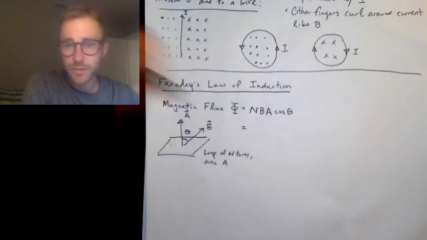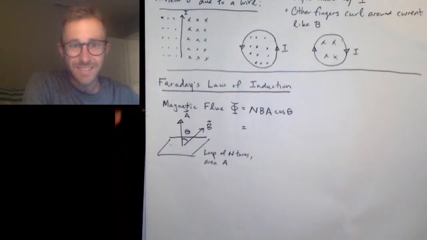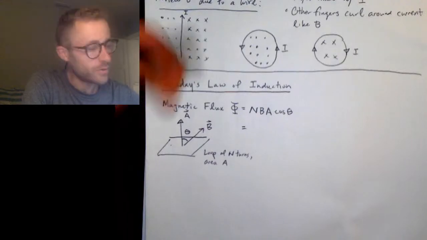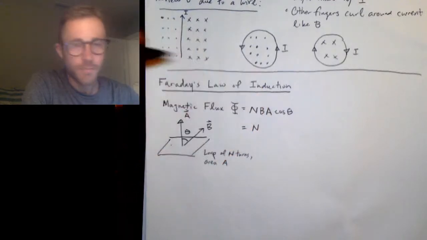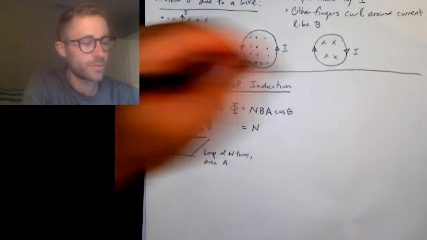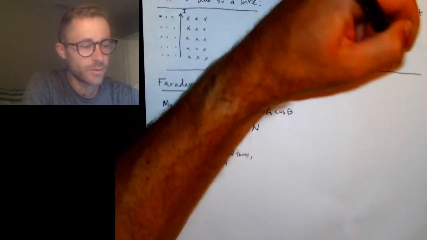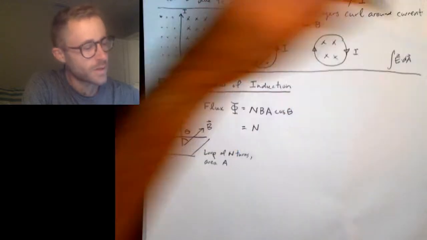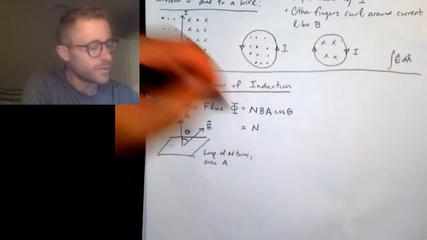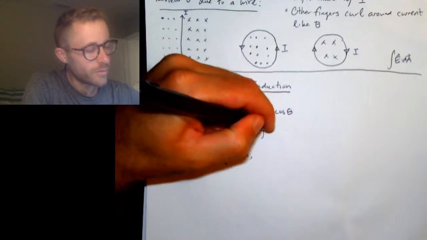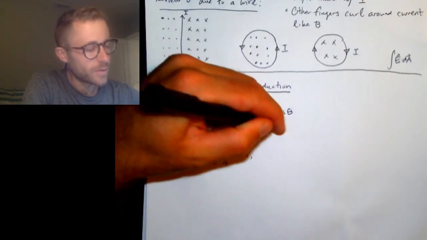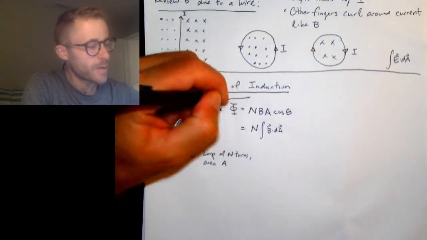If I wanted to write this as an integral, you would write it exactly the same way as we did for electric flux. You might remember that electric flux was the integral of E dot dA. In this case, it would be the integral of B dot dA times the number of loops.